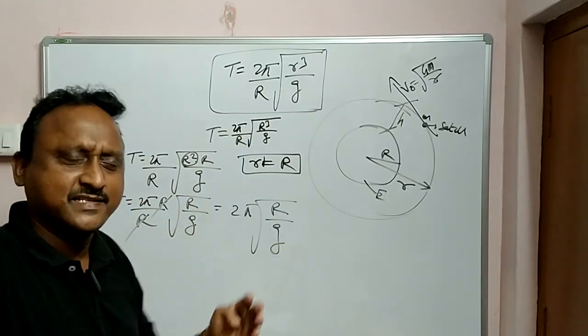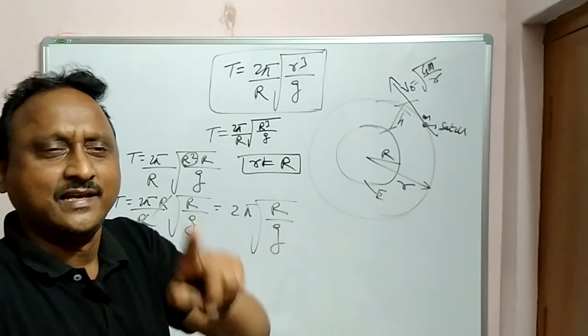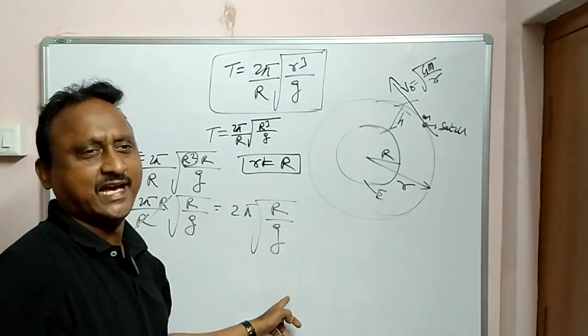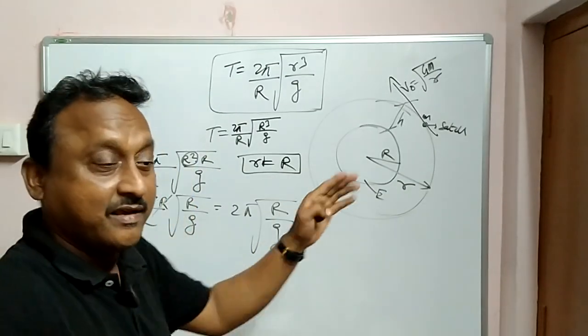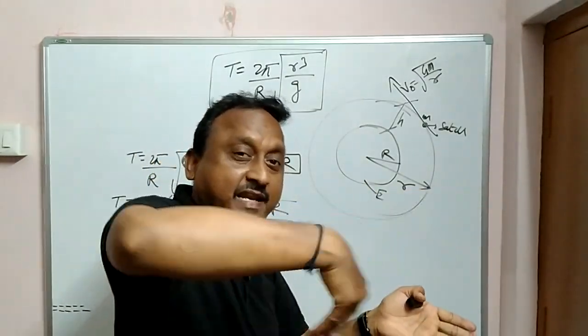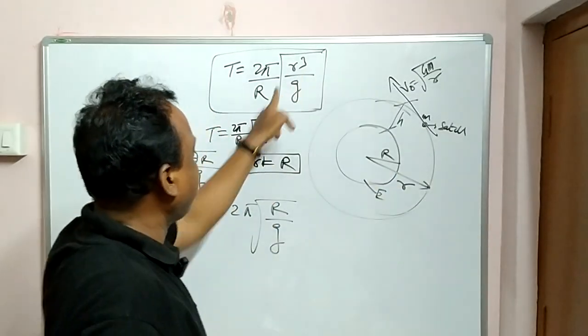You can easily remember: in simple pendulum, I already told you time period is 2 pi into root over L by g. In place of L, it is R by g actually. So you have to use this formula for time period when the satellite is revolving very near to the earth surface. Then the smaller radius of the satellite is taken as the radius of the earth.